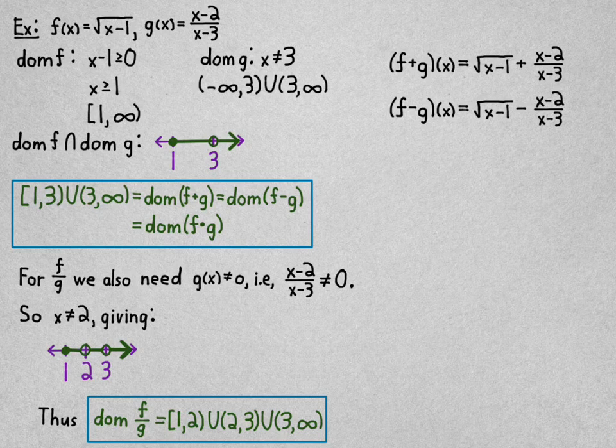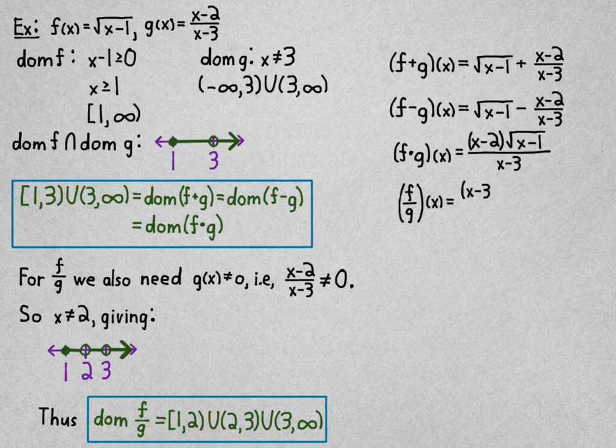So square root of x minus 1 minus x minus 2 over x minus 3. The product, you just take the product of the two. This is not that hard, right? So it's x minus 2 times square root of x minus 1 over x minus 3. I need to put parentheses around the binomial x minus 2 because I want to multiply the square root of x minus 1 times that whole binomial, not just by the minus 2.